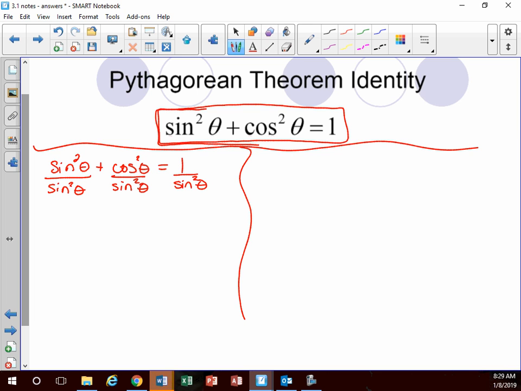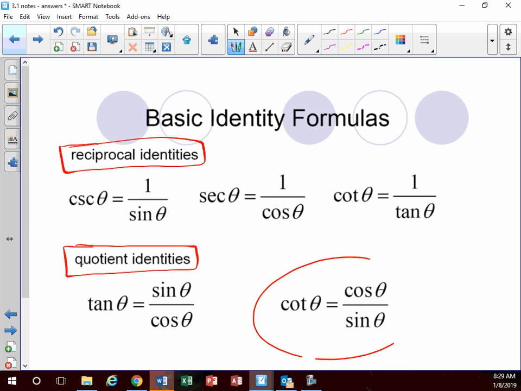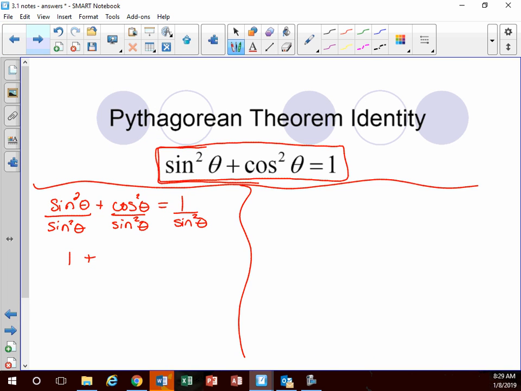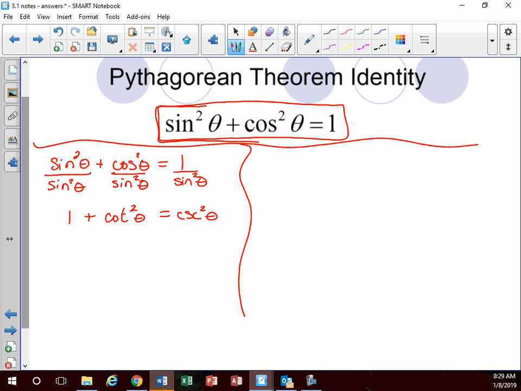Okay, good. What do you think cosine squared over sine squared is? Look at what you wrote down from the last page. Yeah. And since they were squared, that makes it cotangent squared. So what do you think 1 over sine squared is going to be? Cosecant squared, yeah. Okay. So that is another formula.